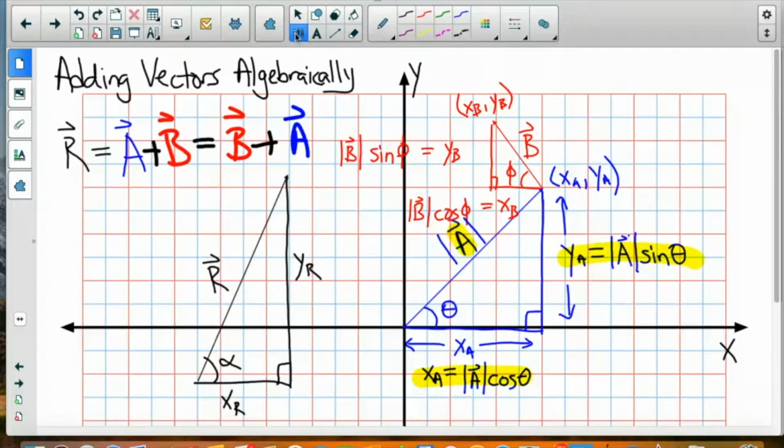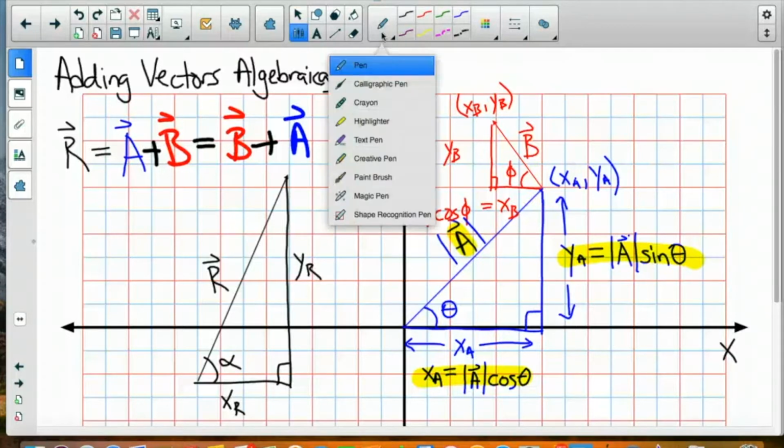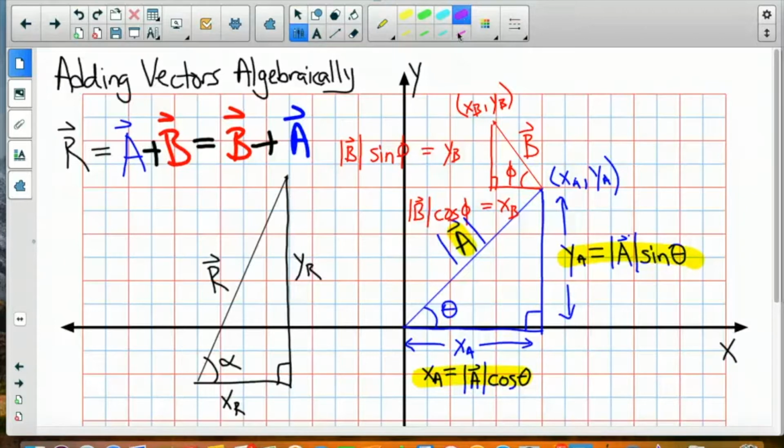So what are yr and xr? If you look at the picture I've drawn, I know it's a little messy, but if I add this length here, ya, to this length here, yb, what I should get is yr.